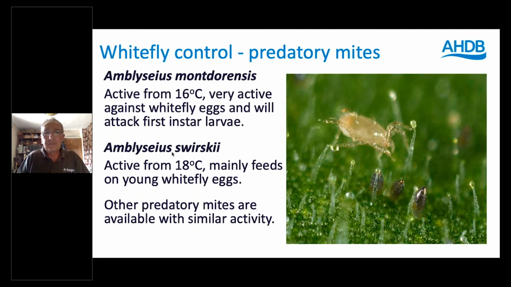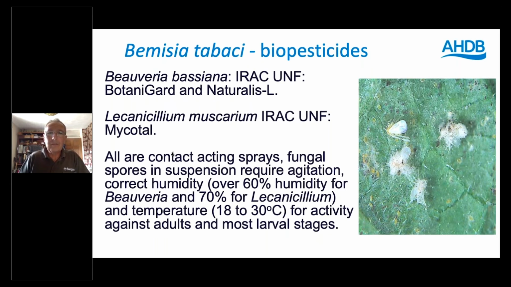Biopesticides. These are getting more and more important in terms of pest control, particularly on crops like poinsettia, where there could be an insecticide residue, which could upset the beneficials, but unlikely to upset some of the biopesticides. Take a look at the IRAC code numbers. The IRAC is the Insecticide Resistance Action Committee. UNF is an unclassified fungal pathogen.